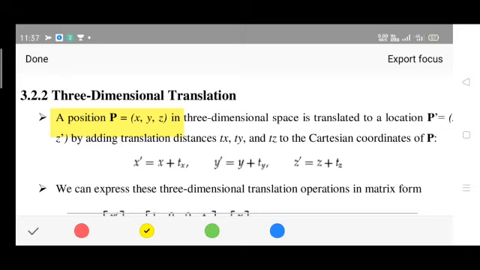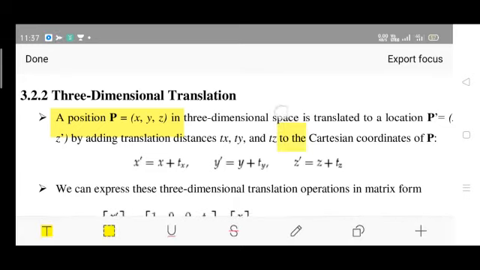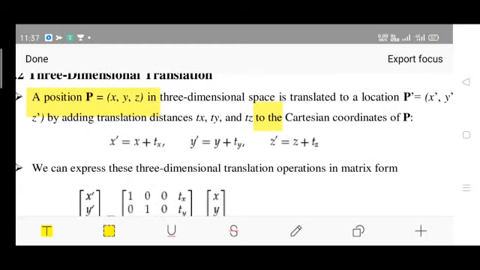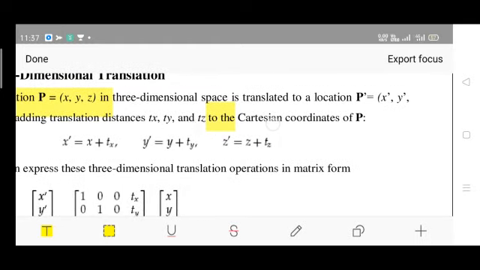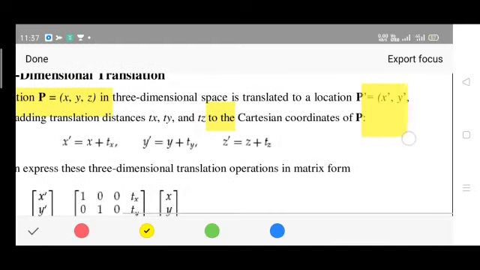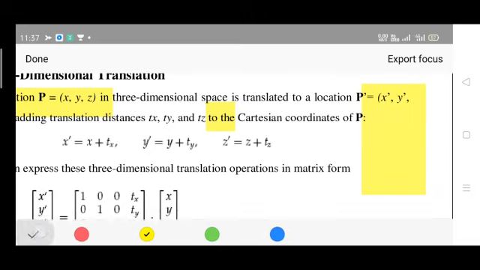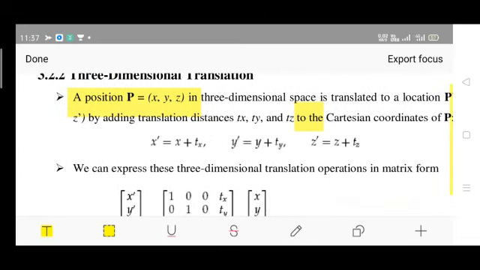P equal to x comma y comma z is a point in the three-dimensional space we are considering. Now we have to define the translation for this. Let P dash equal the new location. Earlier it was x dash comma y dash. Now we have even taken the z dash concept.